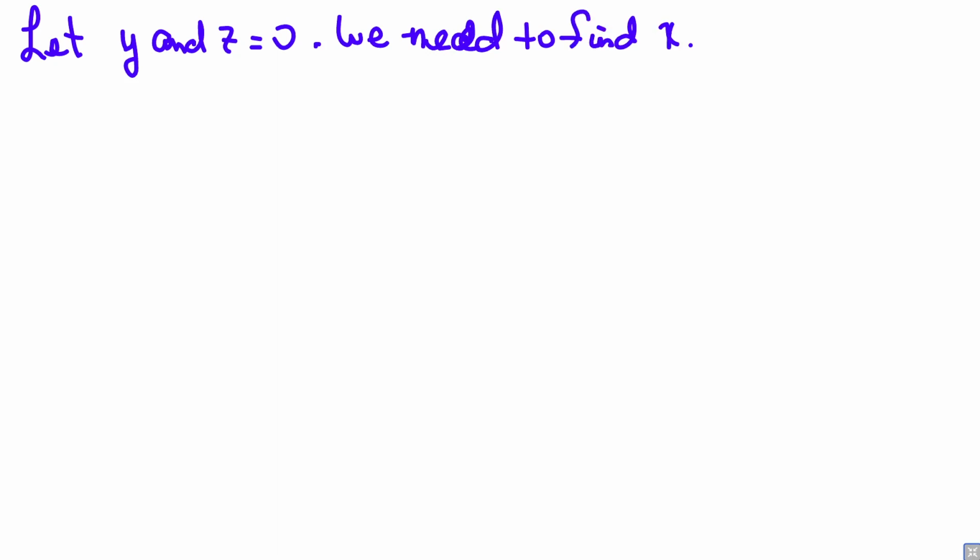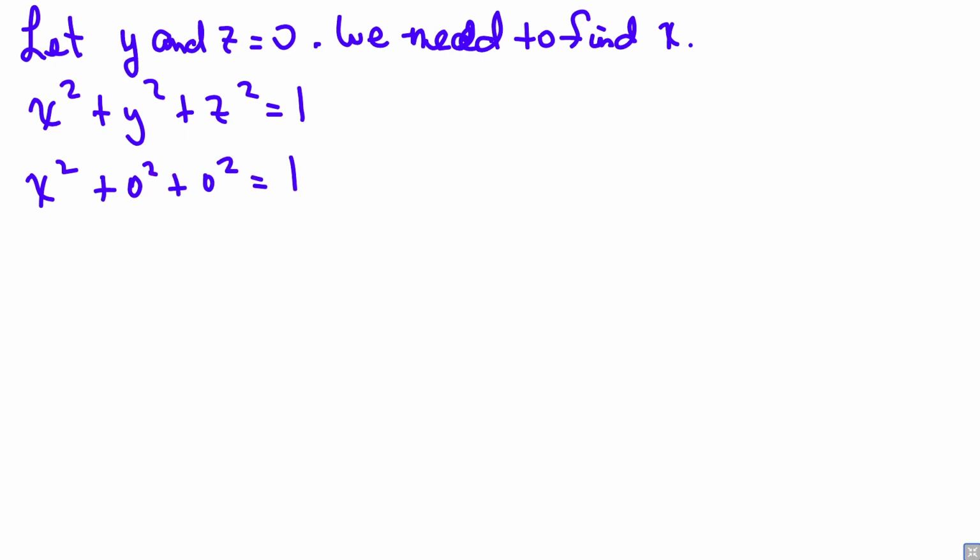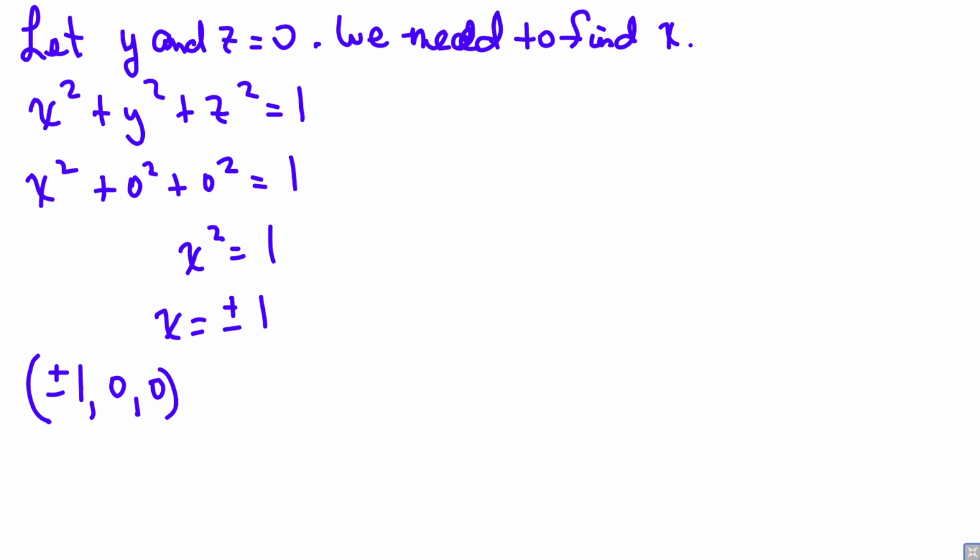In order to help us find x, we're going to use the sphere, x squared plus y squared plus z squared equals 1. If we let y and z be 0, we end up with x squared plus 0 squared plus 0 squared equals 1. So that means that x squared is 1. So what's x going to be equal to? Plus or minus 1. That's going to generate a point, and it's actually 2 points: plus or minus 1, comma, 0, 0.